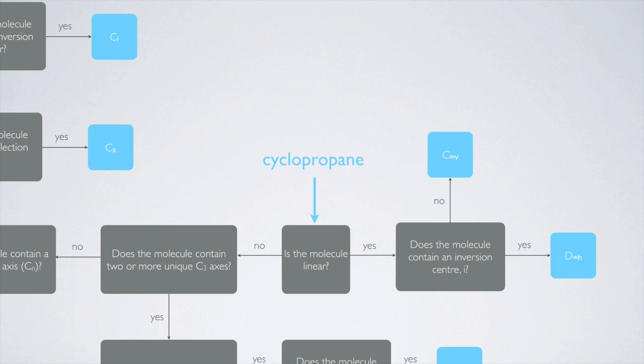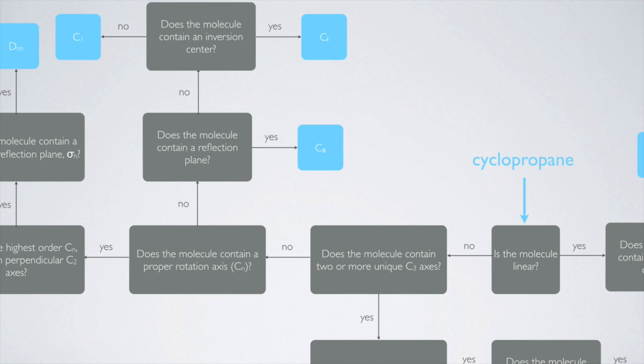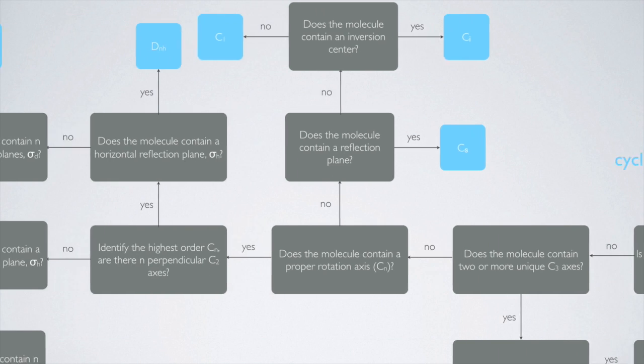We've got a choice of yes or no, and I'm sure you'll agree that the answer is no. So we can move across. Does this molecule contain two or more unique C3 axes? The answer is no. Does the molecule contain a proper rotation axis, Cn? If we think of cyclopropane, the answer is going to be yes.